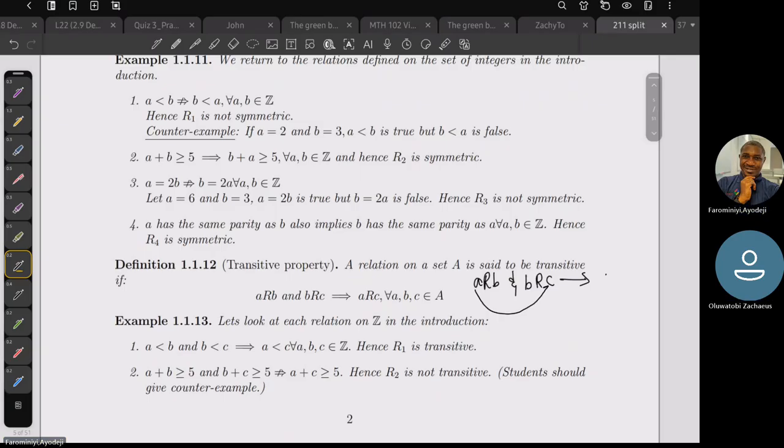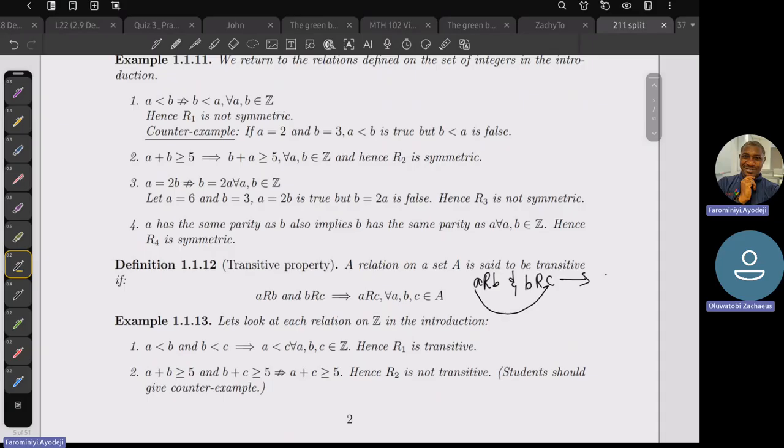In terms of transitivity, it is transitive because if there are three of you in your family, and you are a sibling to the second person and the second person is a sibling to the third person, you are a sibling to the third person, right? Now let's talk about it in terms of seniority.